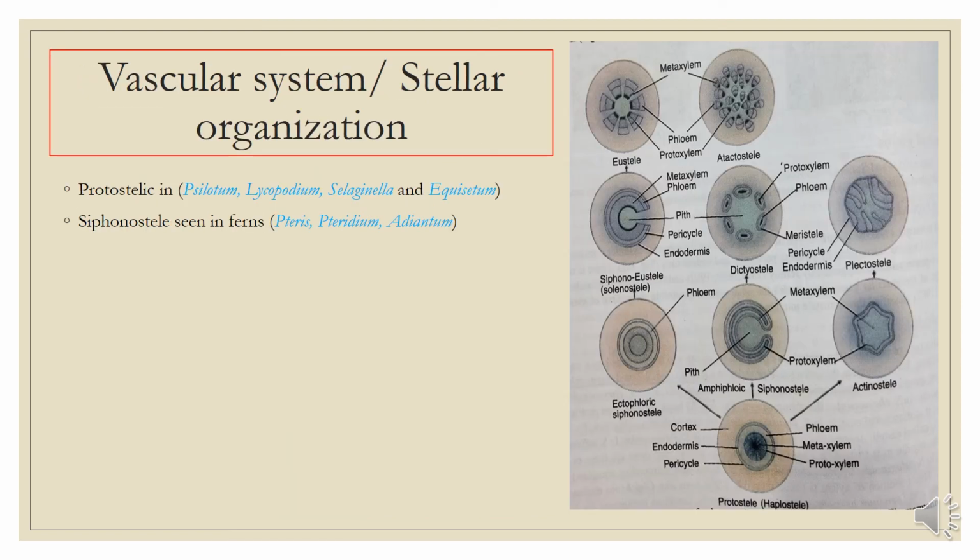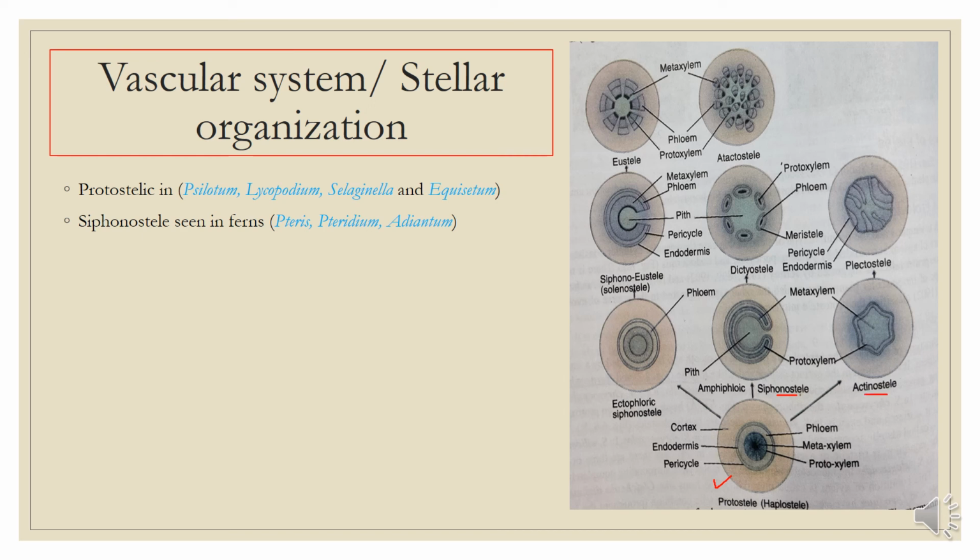Then we come to the vascular organization, where we see the type of stele called protostele. It is found originally in all the pteridophytes and immature plants of the pteridophytes. But as the plant attains maturity, we move on to the siphonostele and the actinostele.